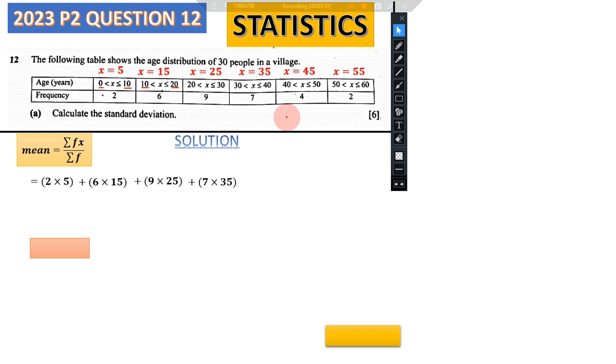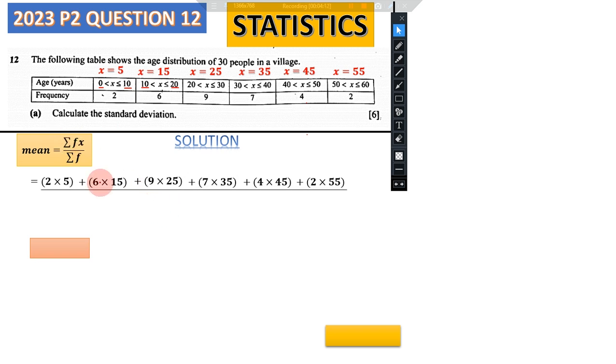The next will be 4 multiplied by 45. The next will be 2 multiplied by 55. As you can see, after each bracket there is a sign for addition, because we need to sum up the values after multiplying.